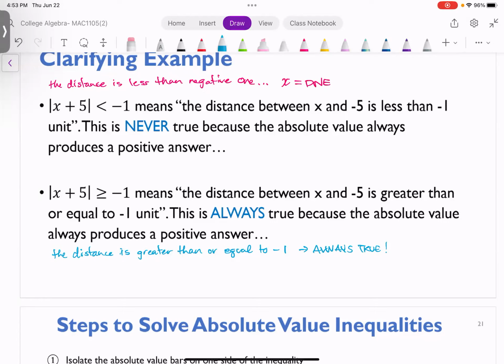So any number can work for x because any number that I choose is going to result in an absolute value that is larger than -1, because it's going to result in a positive number. So in this case, the solution is from -infinity to +infinity. All real numbers are solutions.